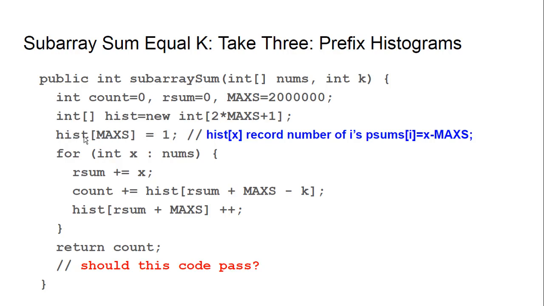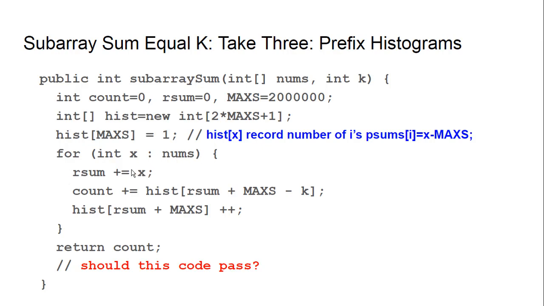So we set this max s equals 1. This corresponds with 0, because when we start at the beginning, we have an empty prefix. We have a single empty prefix sum that has value 0. So we set this histogram to be 1. Then we just loop through all the values in the array.